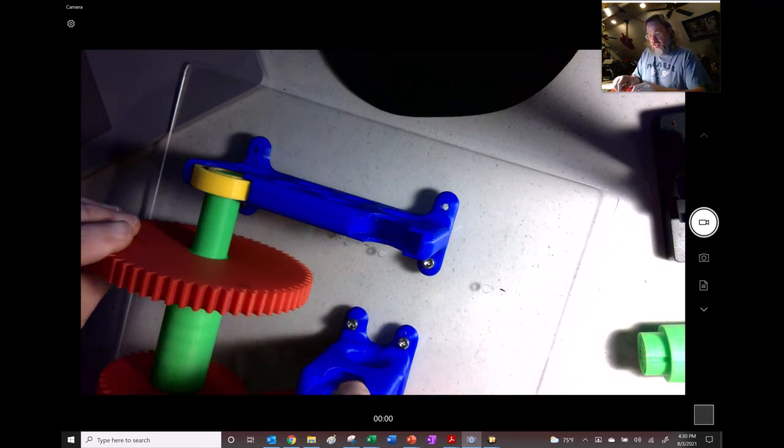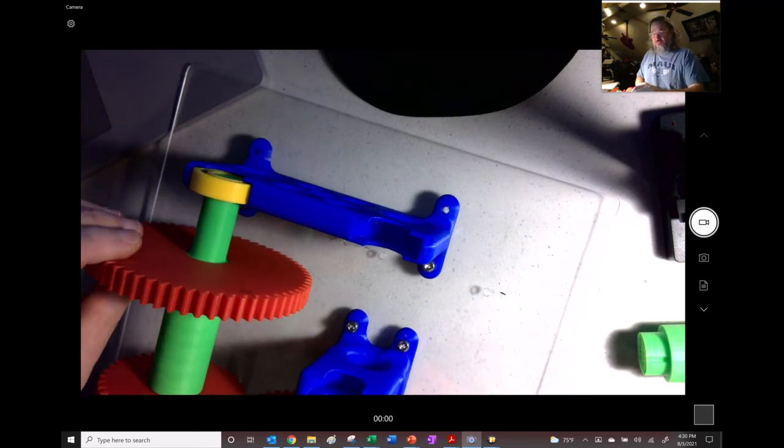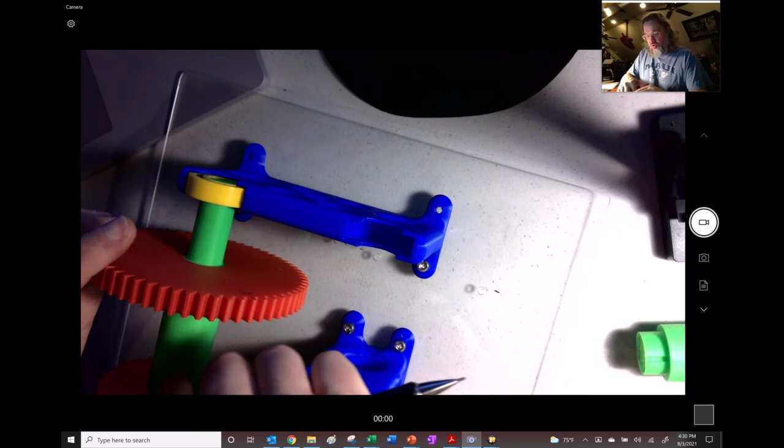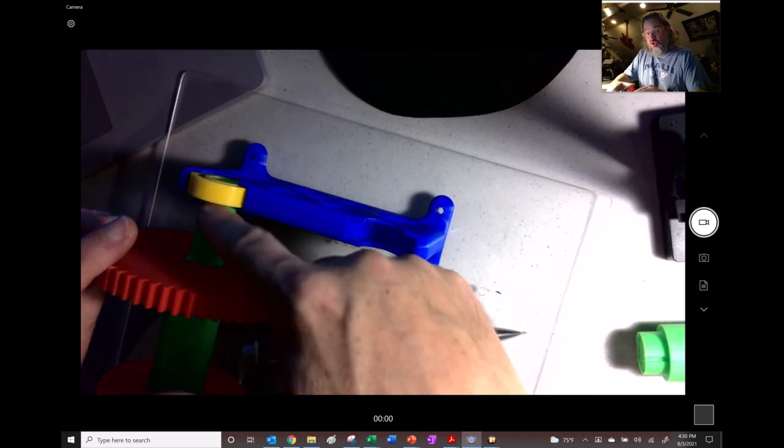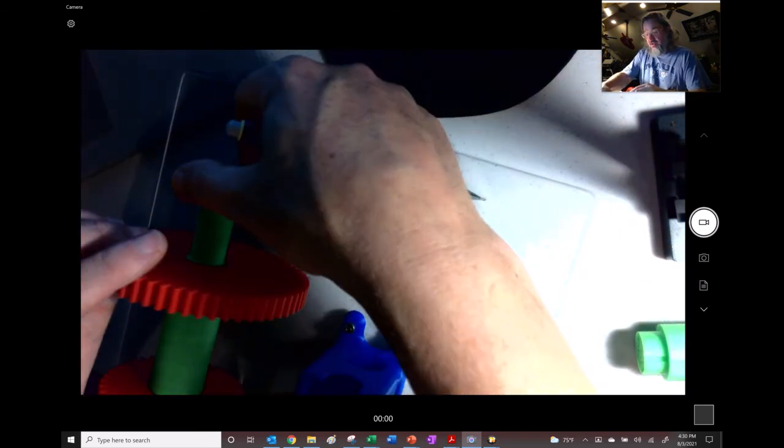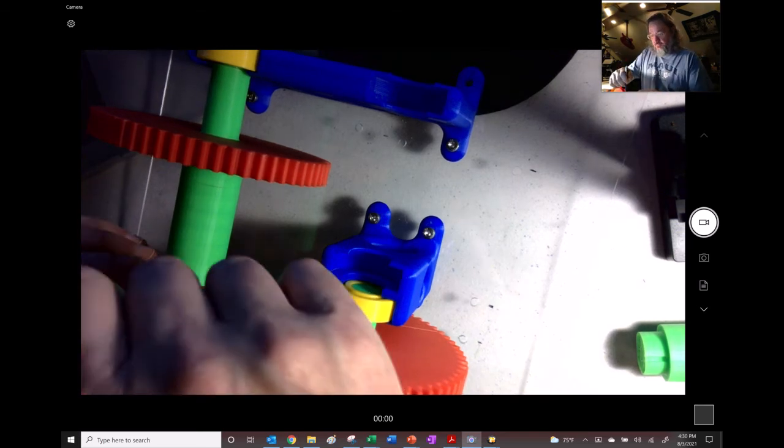So this thing is moving down, and there's torque inside here. There's no torque out here because this part is allowed to spin freely, but there's torque in here, and that torque gets transmitted through to this gear.